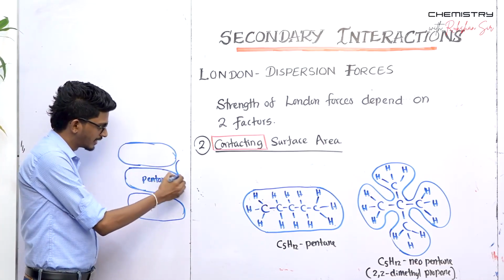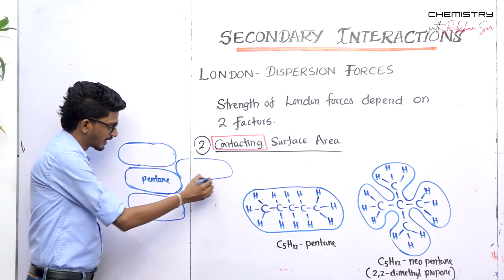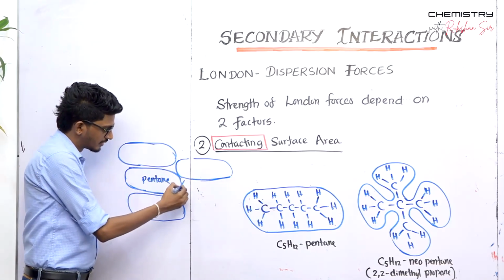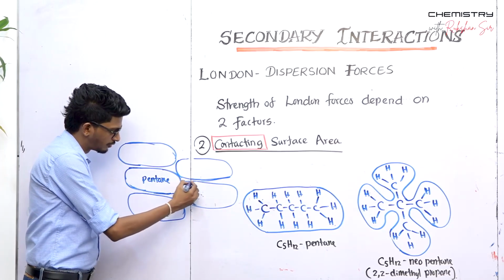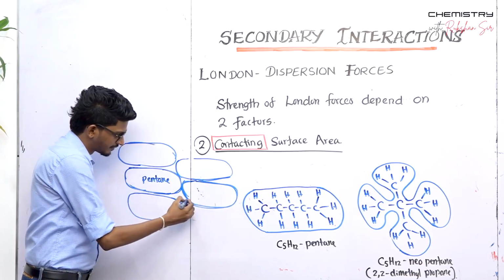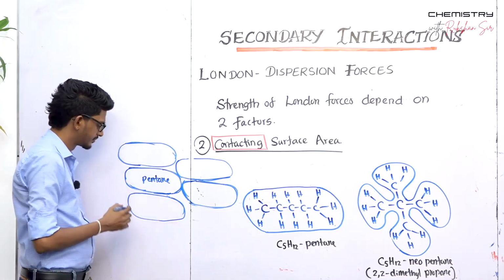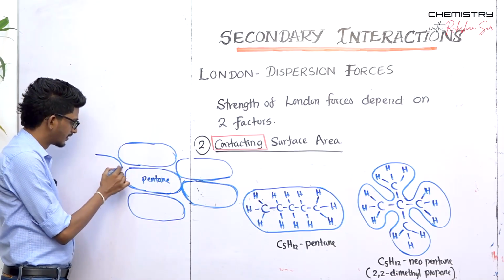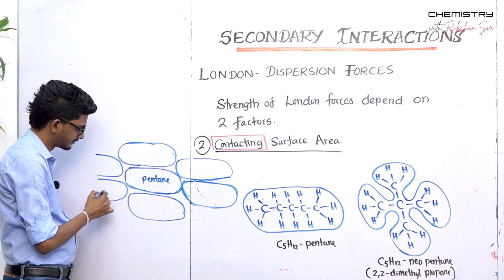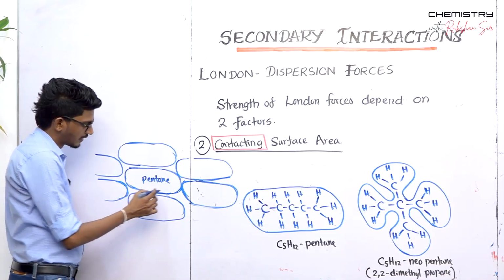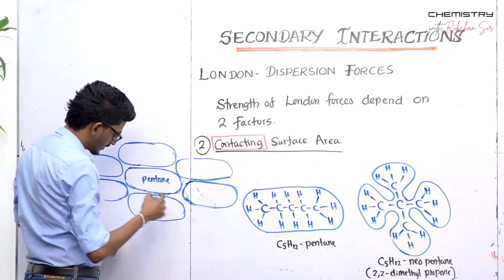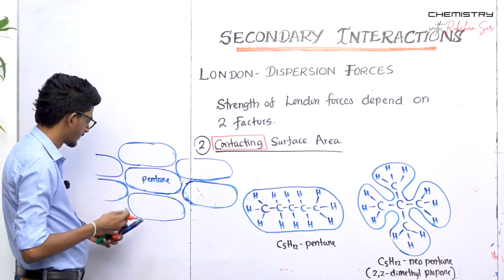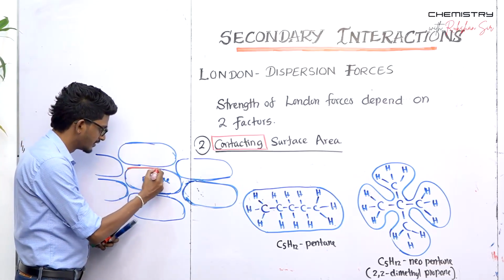So this pentane molecule can connect with other pentane molecules using all of its surface area, almost all of it.